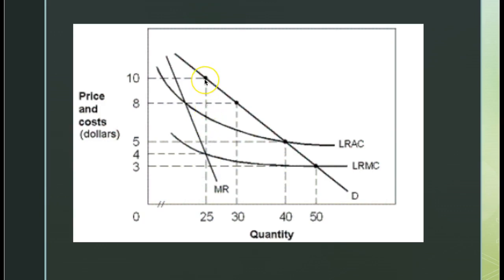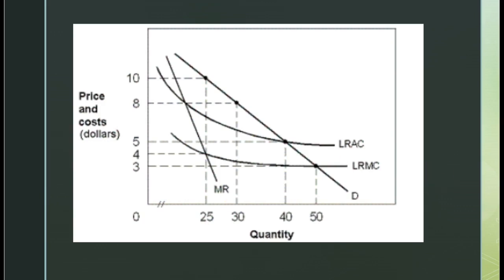That gives us the most we can charge someone. We would love to charge $10 and sell 50, but the demand curve isn't there. At $10 we can only sell 25, so the price would be $10 and the output would be 25.